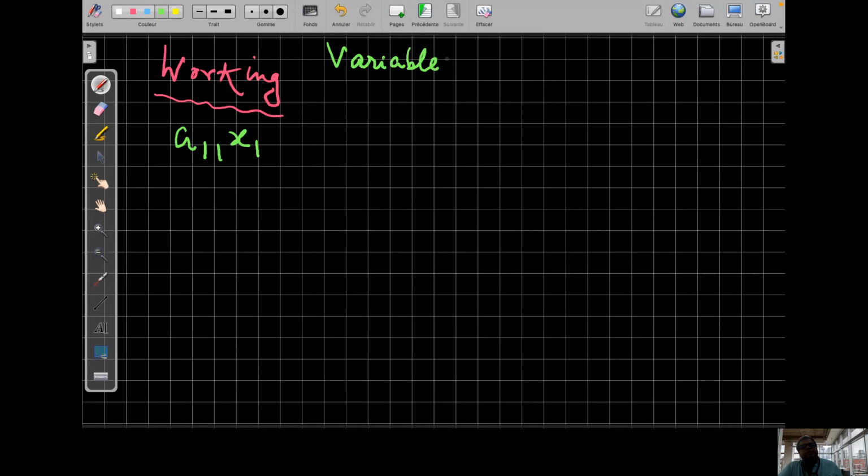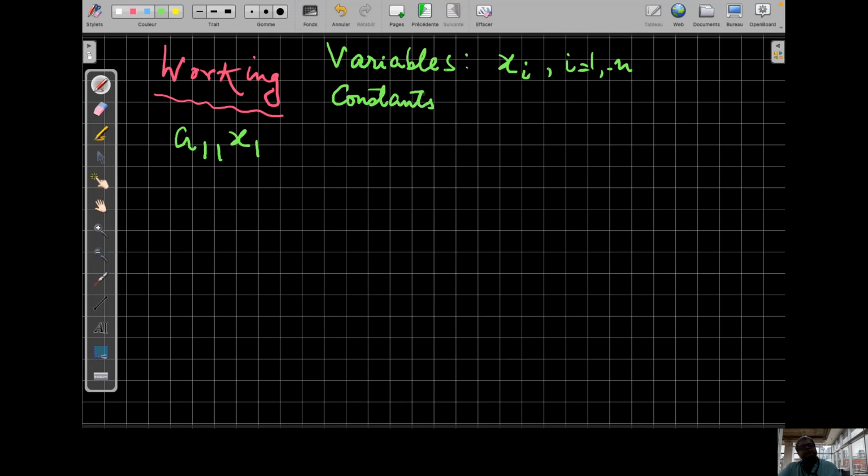There are variables, represented as xi, where i is from 1 to n. And there are these constants, which we can call coefficients.